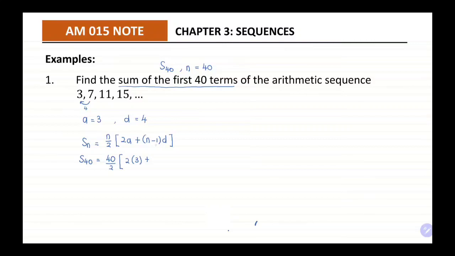N minus 1 means 40 minus 1, so we get 39, and d equals 4. We solve: 6 plus 39 times 4, 156. Then we solve, we get 3,240.